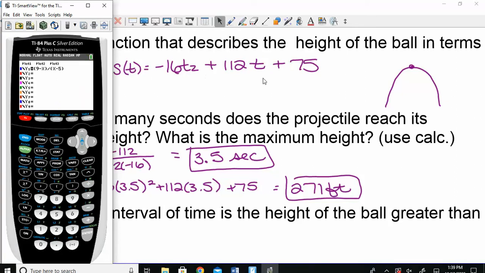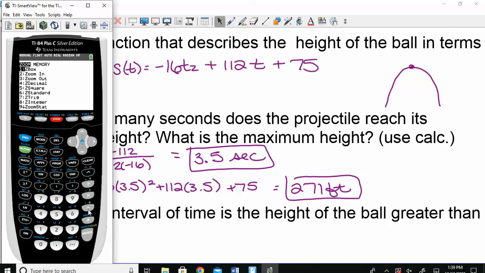And for your equation, we're going to put in this, just use x for the variable. And I want to know when it's above 200 feet. So what I'm going to do is go to the y sub 2, and I'm going to enter a 200 there.